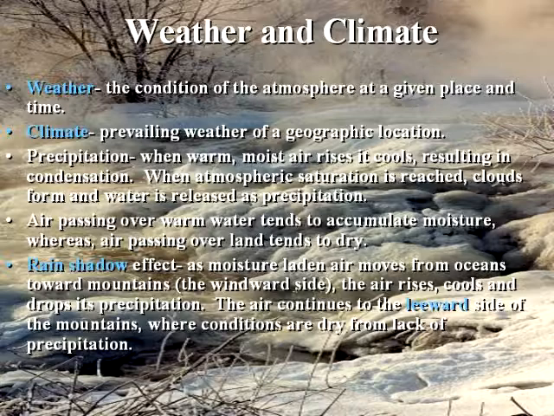Another phenomenon that this slide points out is the rain shadow effect, and we'll take a look at the consequences of that momentarily. It is a situation where, as prevailing winds move, let's say, off of the Pacific Ocean towards the coast of North America, prevailing winds in North America are from west to east.